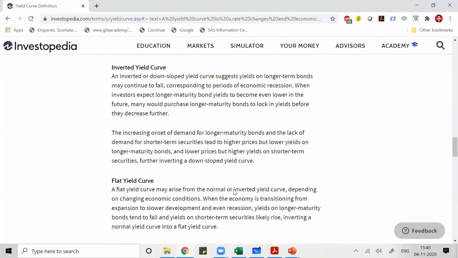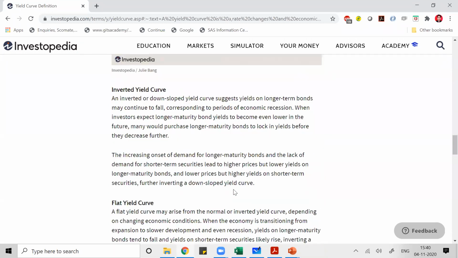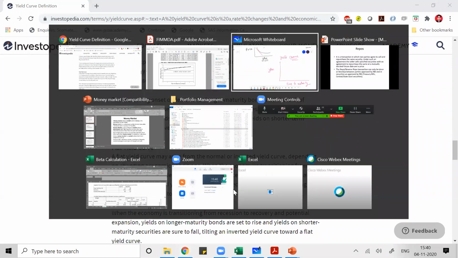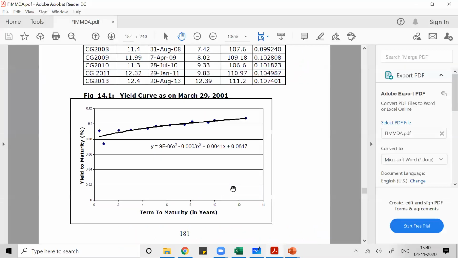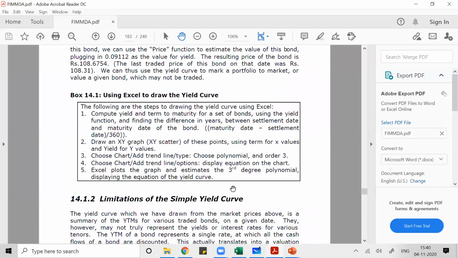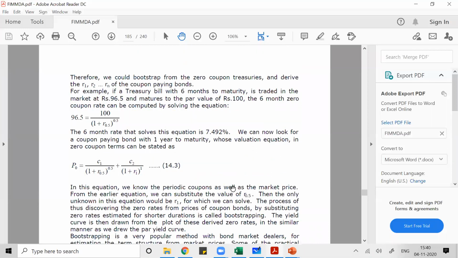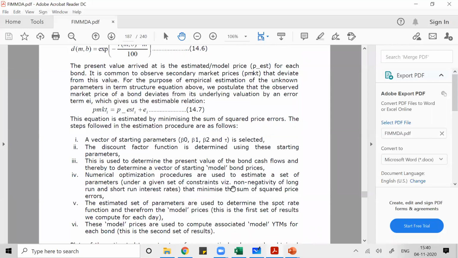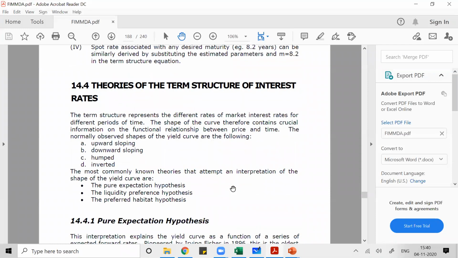While if you see an inverted yield curve, it means there's a possibility that the market will fall in the future. So the yield curve is a very important parameter whenever we look into debt instruments. When we look into the concept of the yield curve, there are basically three theories to understand the term structure of interest rate.